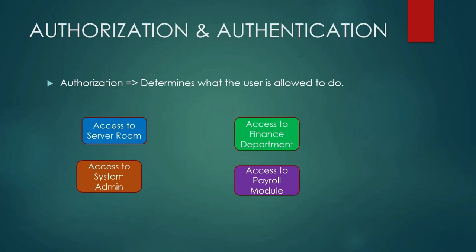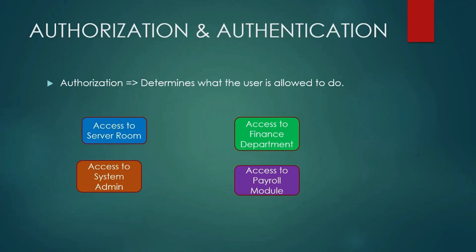Regarding these admin rights, we are now coming to understand what claims are. These are the rights that you need to have to access the system admin, or the payroll module, or some of the departments in your organization.